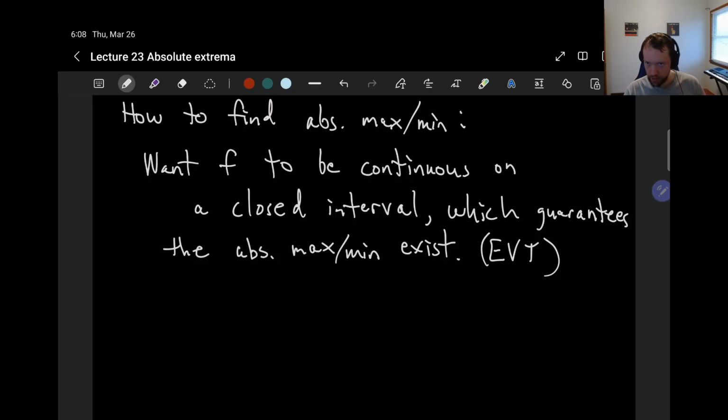And then we make use of the insight that every absolute maximum and minimum is already a local maximum and minimum by definition.